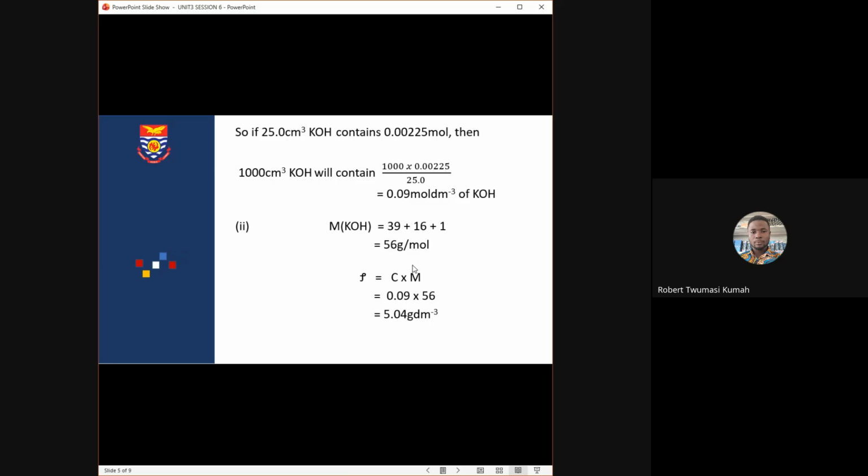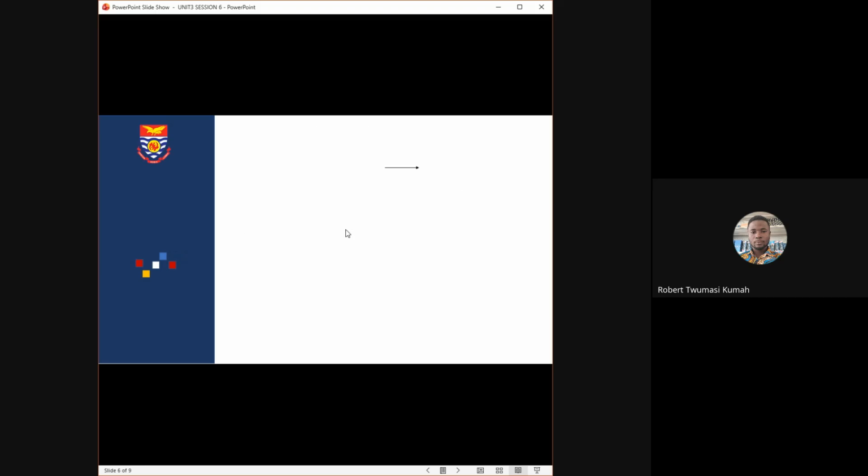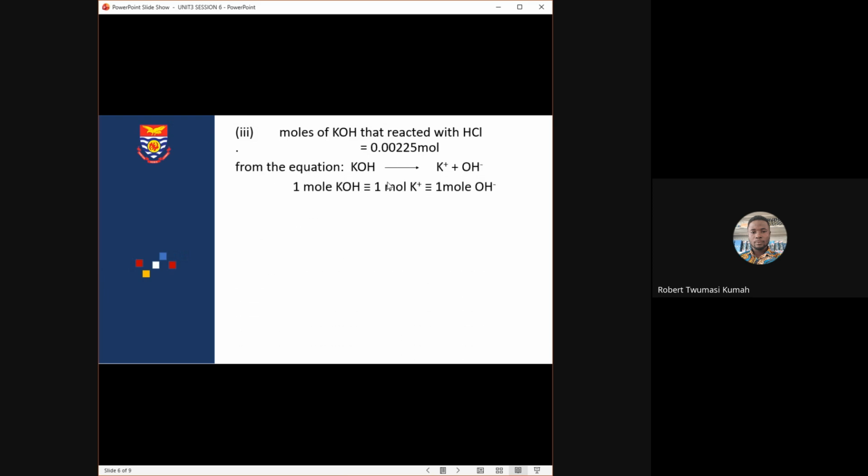Then I will go to the ions. This KOH will dissociate to give us K plus and then OH minus, right? And we can still do our mole ratio there. So moles of KOH that reacted with HCl is 0.00225 at the end point.